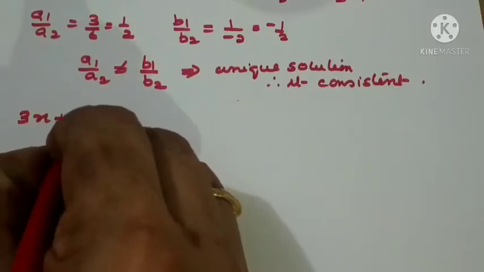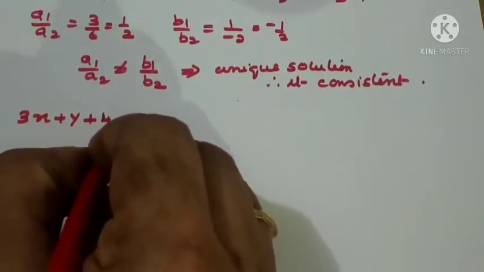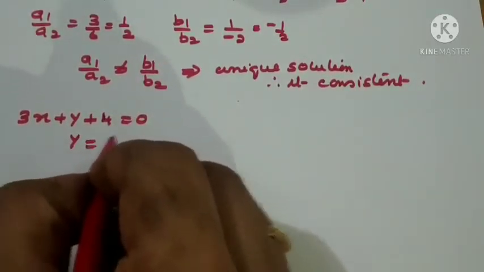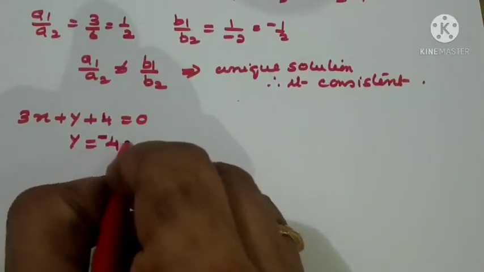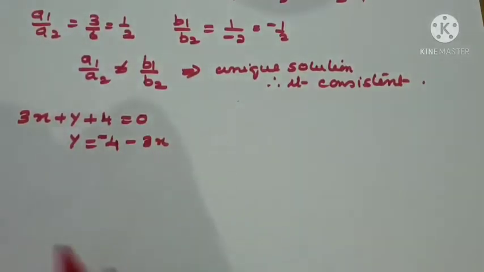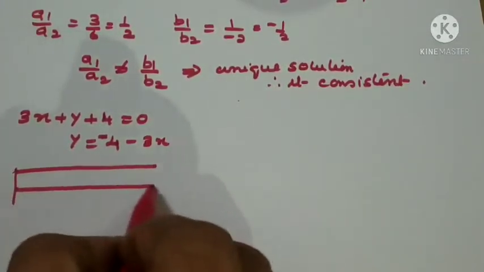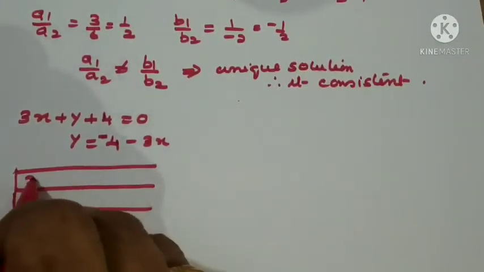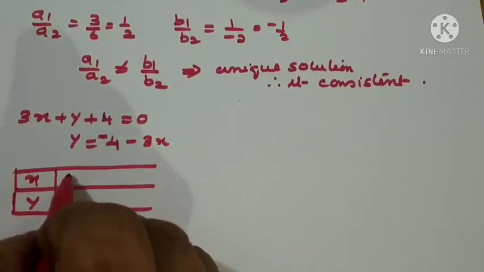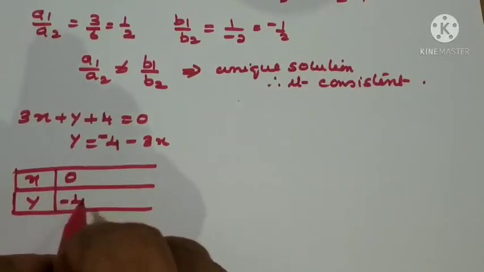3x plus y plus 4 equal to 0. What is y here? y equal to minus 4 minus 3x. Now three values of x and y we should find out. When x equal to 0, y equal to minus 4.